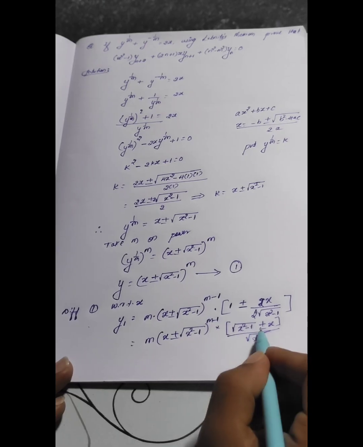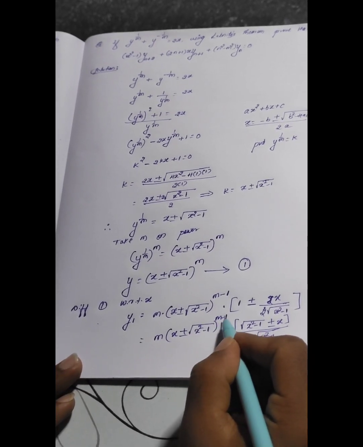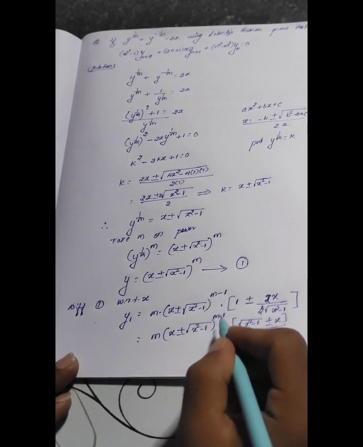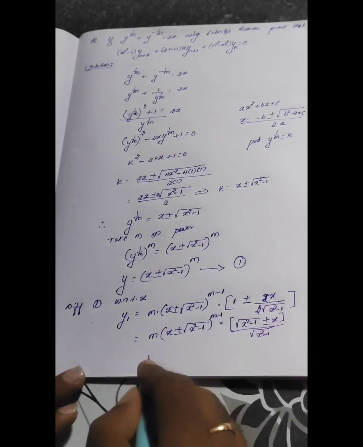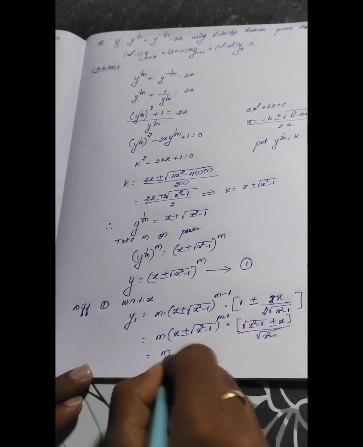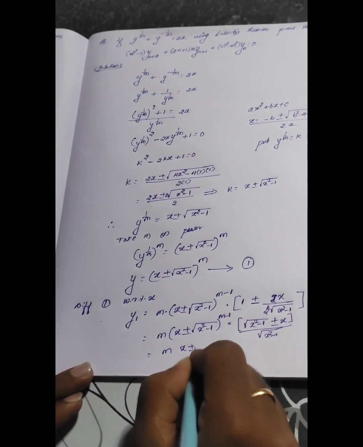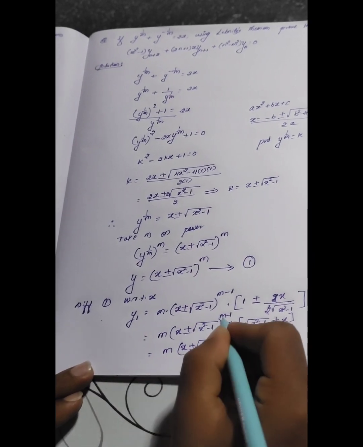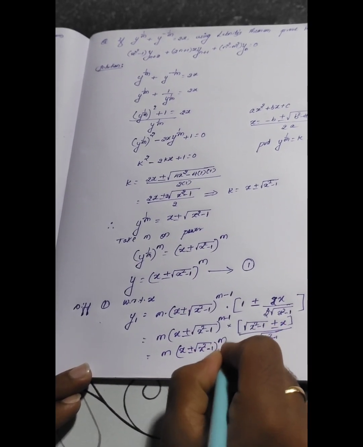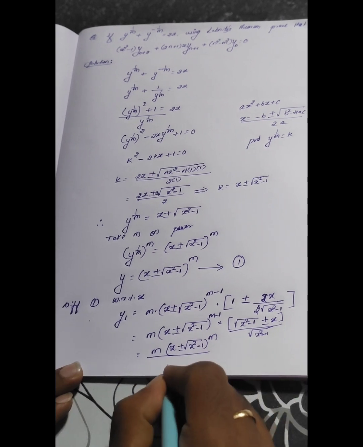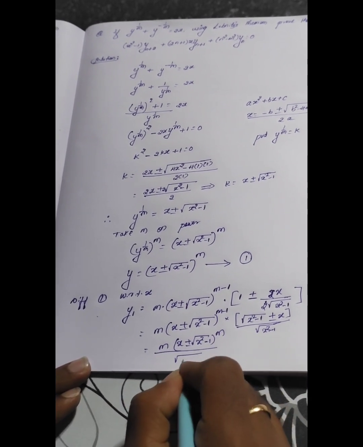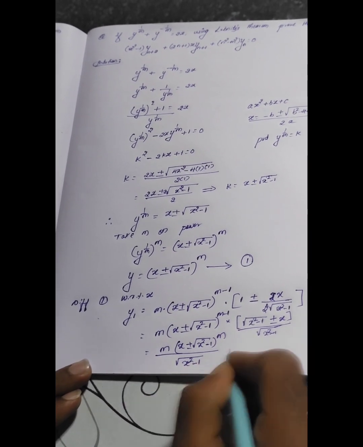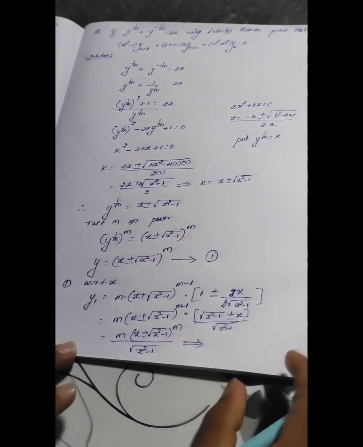Since these two terms are the same, a raised to m minus 1 into a gives a raised to m, as m minus 1 plus 1 becomes m. So that will be equal to m into (x plus or minus root of x square minus 1) raised to m, divided by root of x square minus 1.